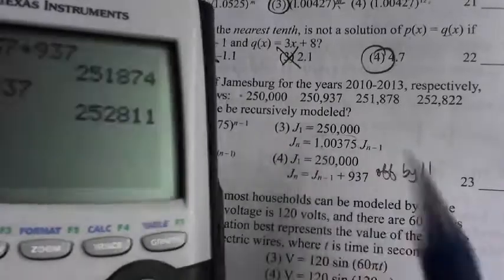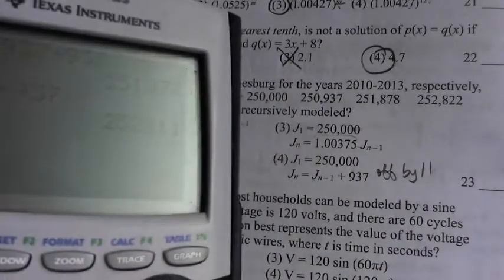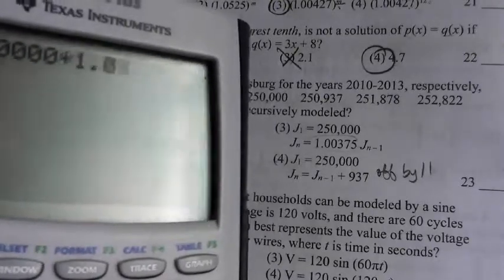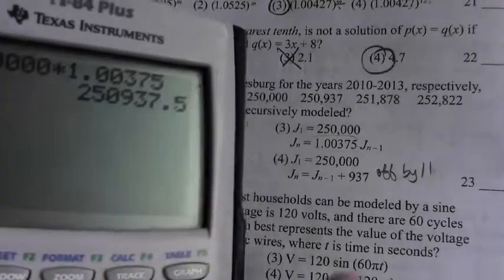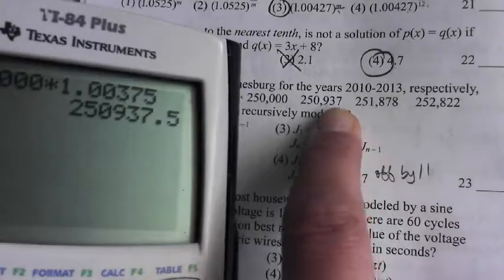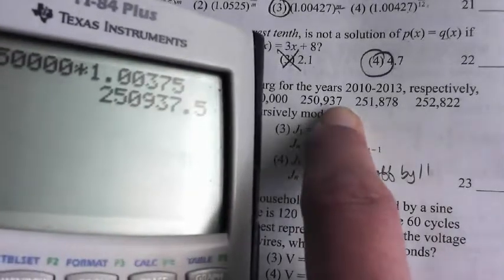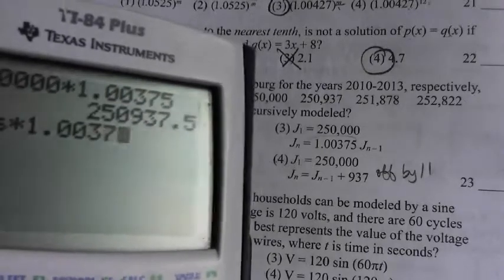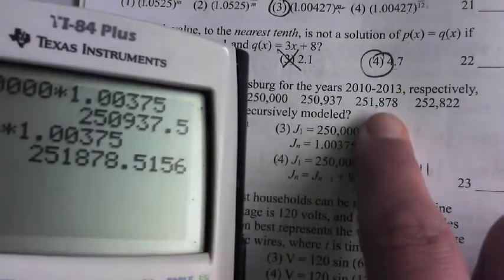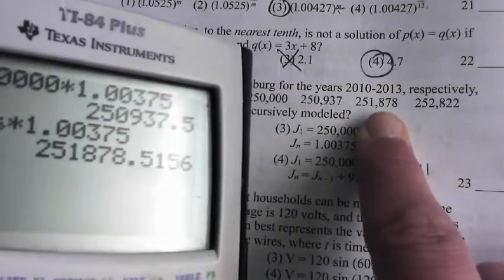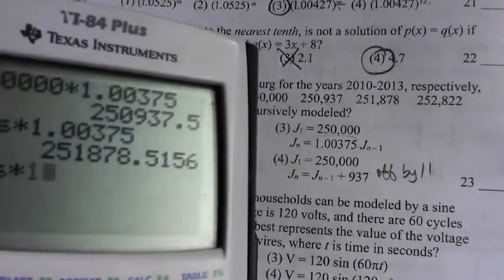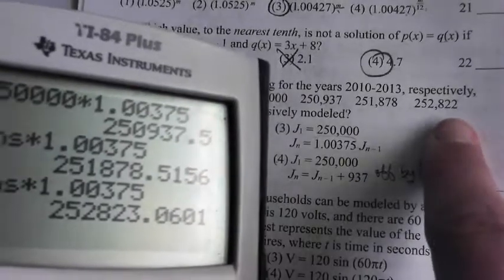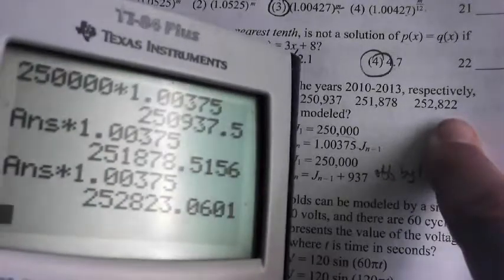If you use a constant multiplier, 250 times 1.00375 gets us to 250,937.5, so that's off by a half. If we multiply again by 1.00375, we're off by a half. If we multiply again by 1.00375, we're off by 1.